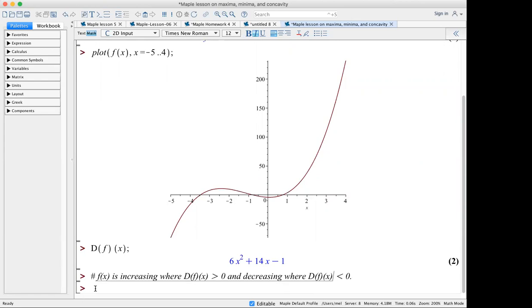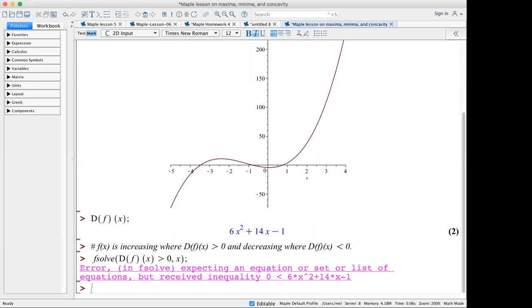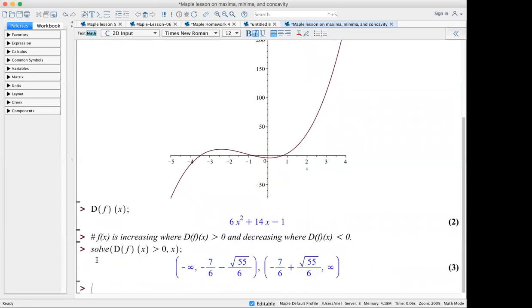So let's see if we can solve the inequality. When is the derivative of f of x greater than 0? Let's try solve. Okay. So solve not only solves equations, but it can solve an inequality.